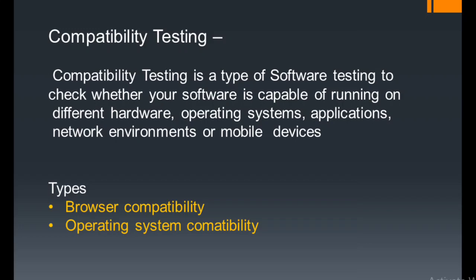If you use a mobile with a lower version, or you install an application which does not run on it, that is a compatibility issue. This is browser compatibility or operating system compatibility.